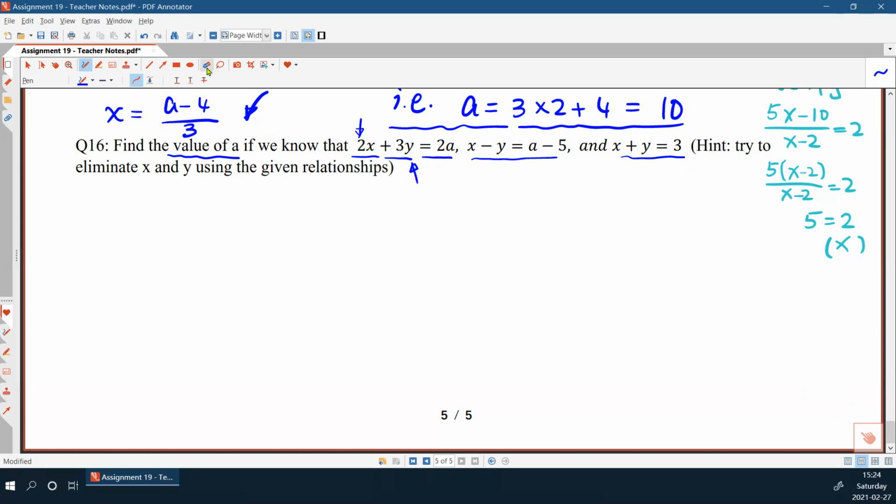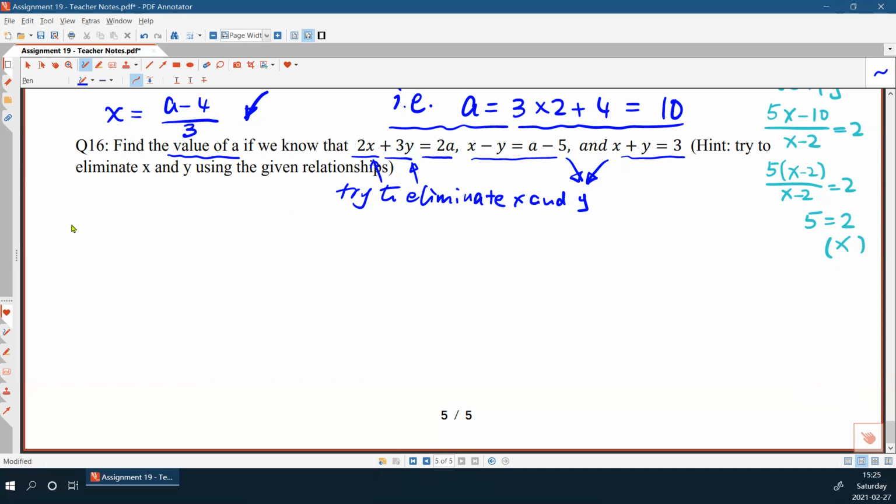The logic behind this is to try to eliminate x and y. If this equation only contains a, you can solve for a. How to eliminate x and y? You can use these two relationships to eliminate x and y.